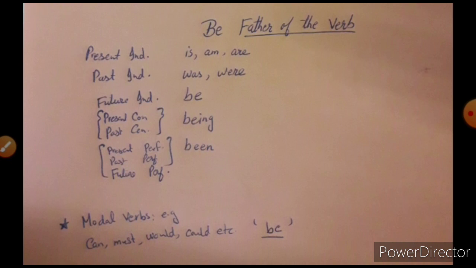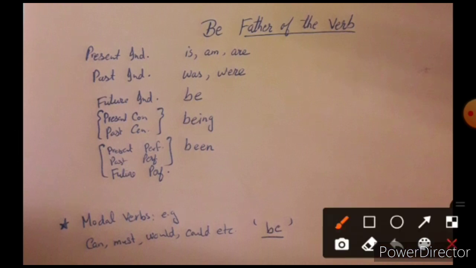Let's see. Be is basically the verb which is known as the father of the verb. Why is it known as the father of the verb? Because it has certain subtypes: am, is, are in the present tense, was, were in the past tense, be in the future indefinite tense, being for the continuous tenses, and been for the perfect tenses.